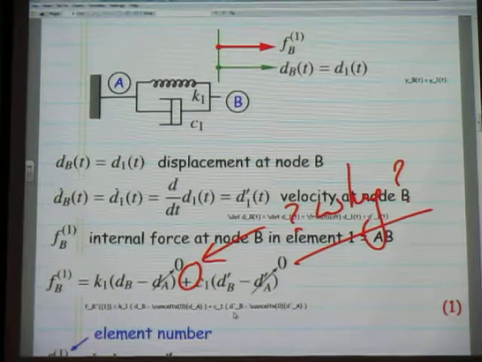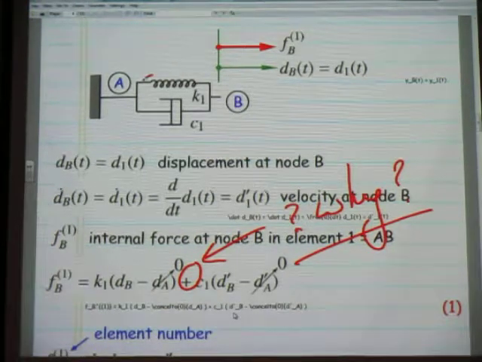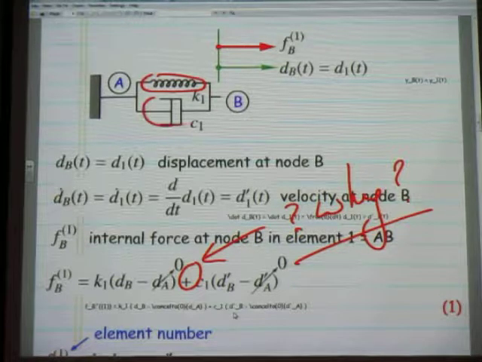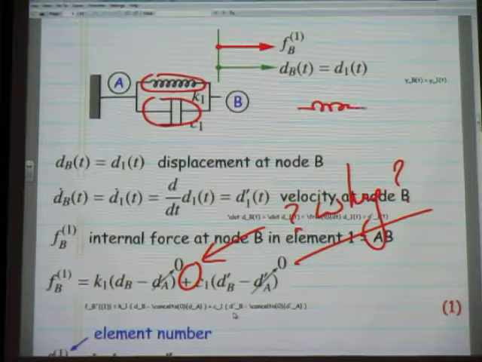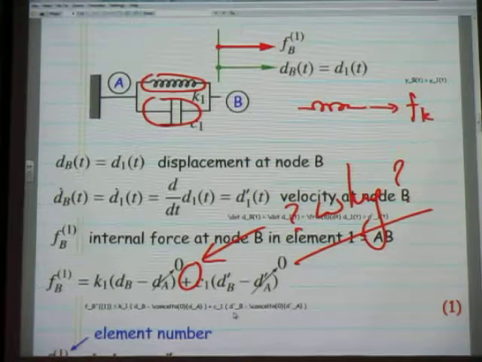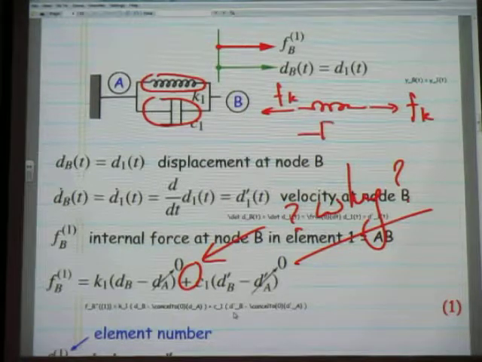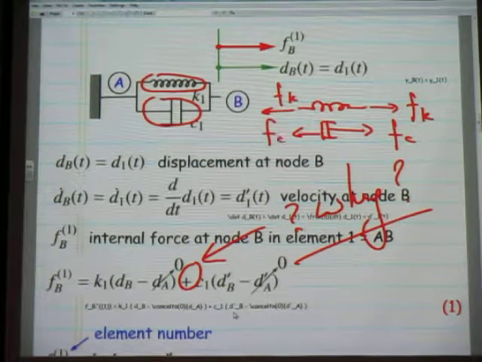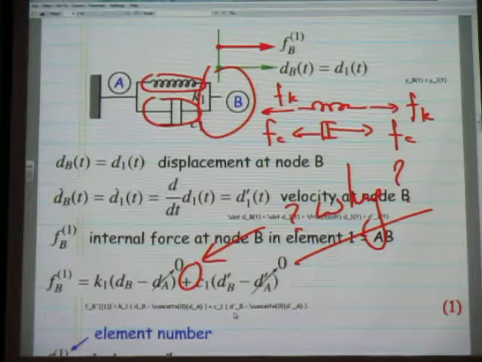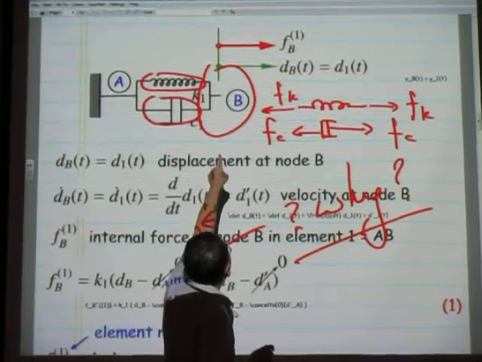So if you cut here and cut here, you would have for example, this is the spring, and you have the F sub k here, the spring force, and then F sub k, and then you have F sub c here, and F sub c. And then you also isolate this part here, okay? And so here you have several subcomponents, right? Now the equilibrium of this part here.